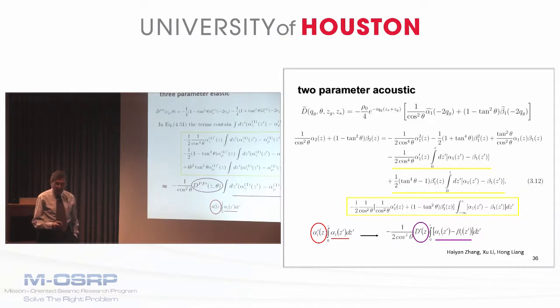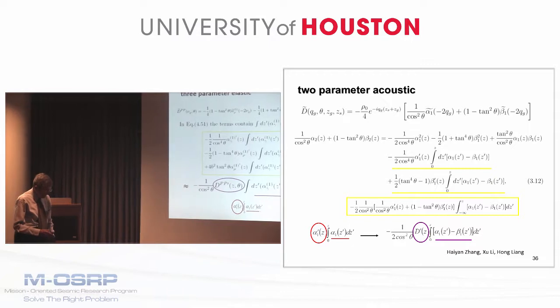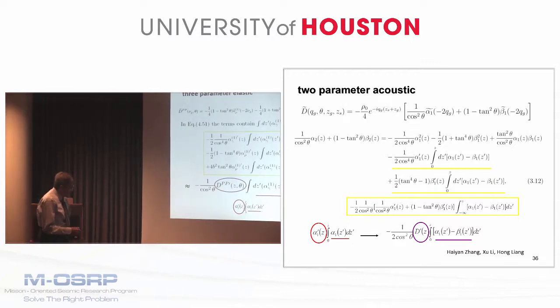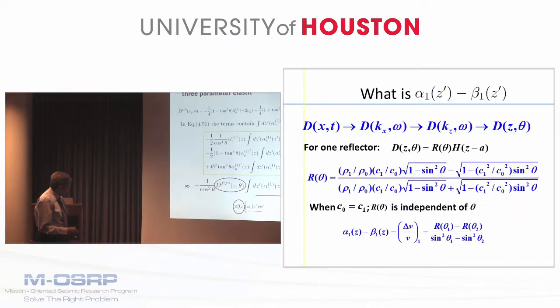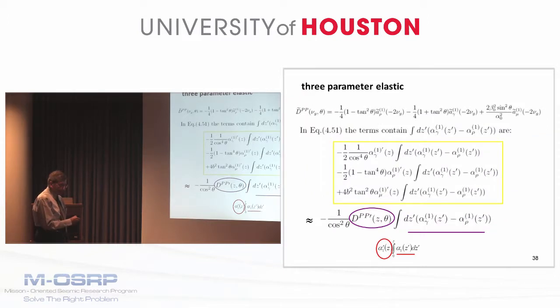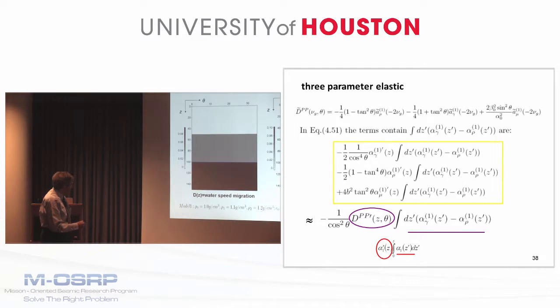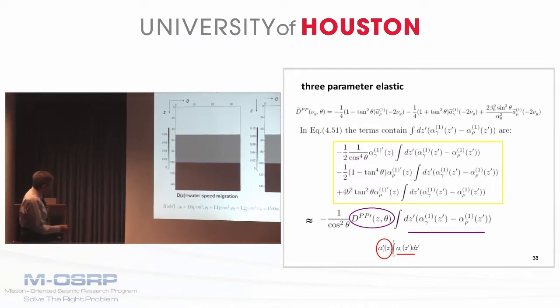So that's interesting. And there are examples by all the people on this slide: Haiyan, Xu Li, Hong Liang, yes, Shanzong Liang, people who looked at the imaging in detail. So here you see examples where you have a constant velocity, and the water speed image is the image.